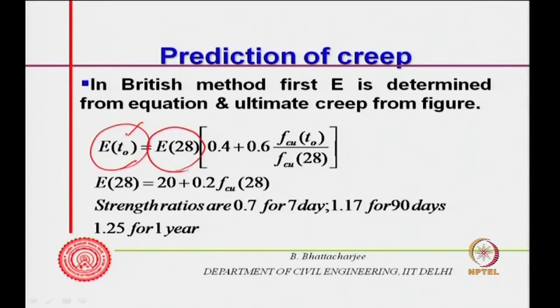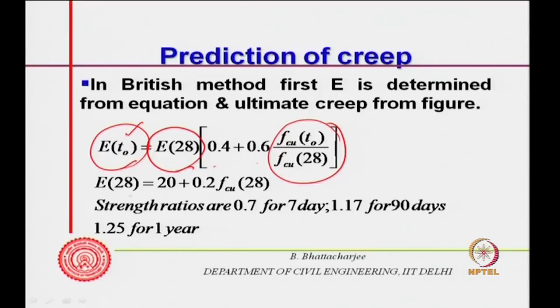So, it is related to the modulus of elasticity at 28 days, and then the ratio of the cube strength at that time to the 28 day cube strength. So, this ratio is important. So, it is 0.4 plus 0.6 into this ratio. In other words, when this ratio is high, it will be more than 1. So, 60% weightage goes to this one multiplied by E28, and it gets increased actually, and 40% directly as this much. So, the relationship is of this form.